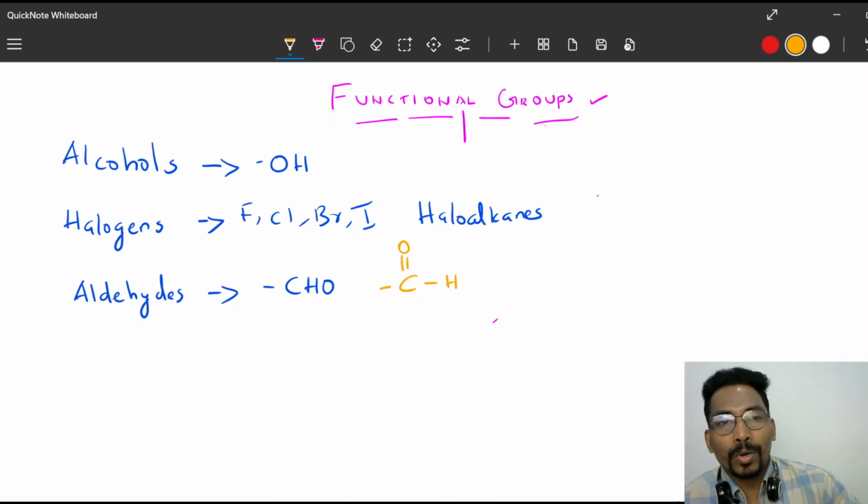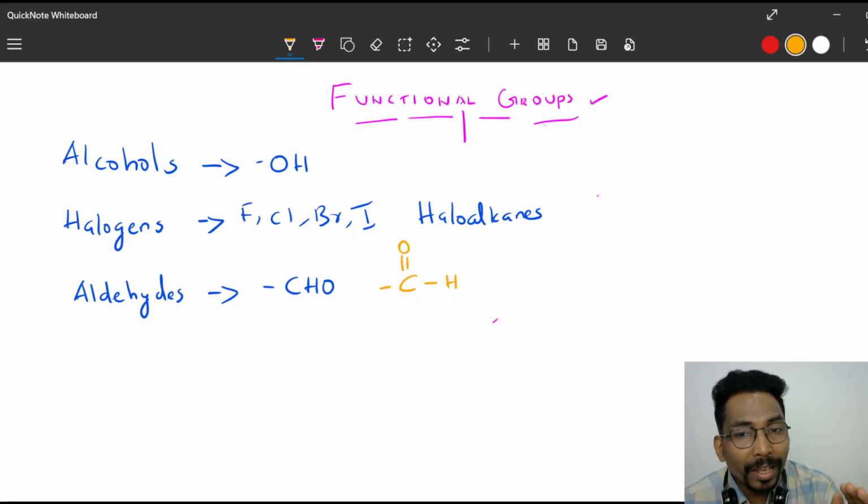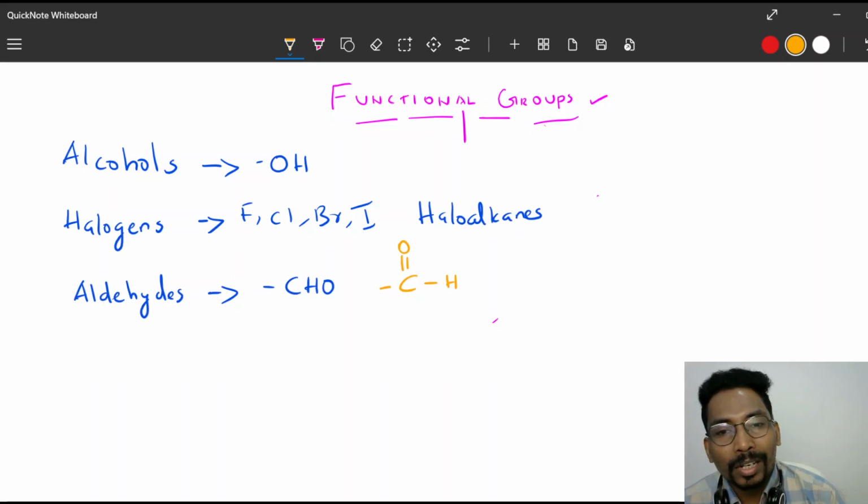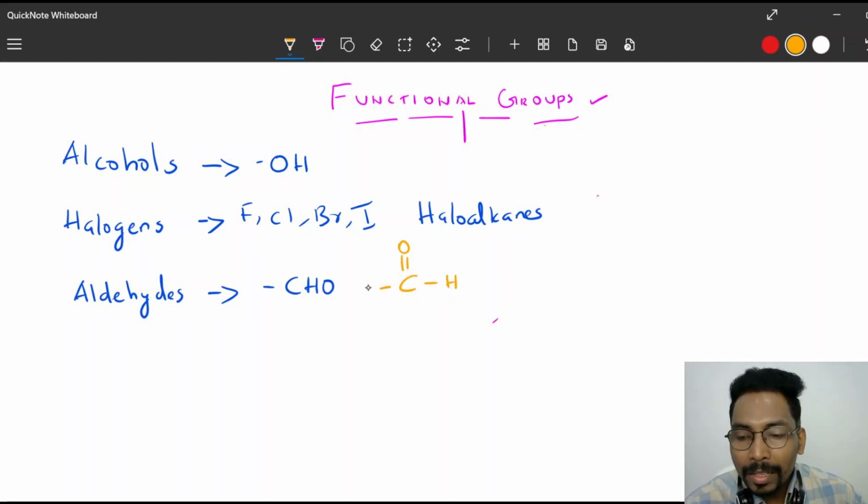You have to know it in the simple way and this way, this exact molecular structure. Actually, C double bond O, then one hydrogen is connected to that carbon, and at this side one carbon chain will be attached. Clear? So that is aldehyde.